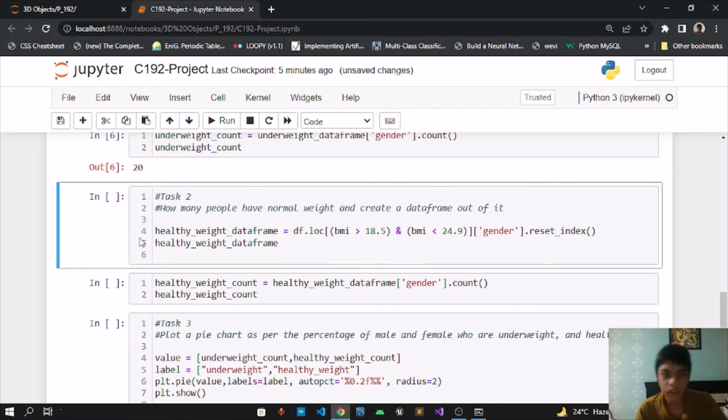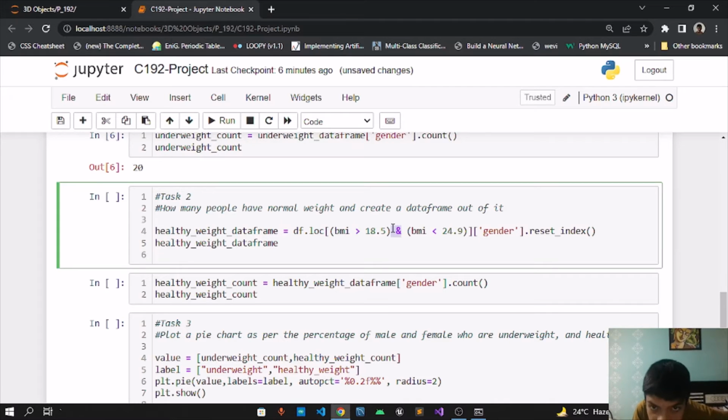And then task 2, how many people have normal weight, and create a data frame out of it. So we are going to again get the gender, of course, so we can get the pie charts. So healthy weight data frame is df.loc, where the BMI is greater than 18.5 and BMI is less than 24.9.